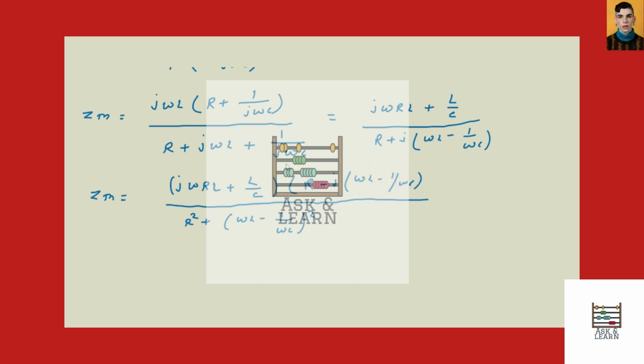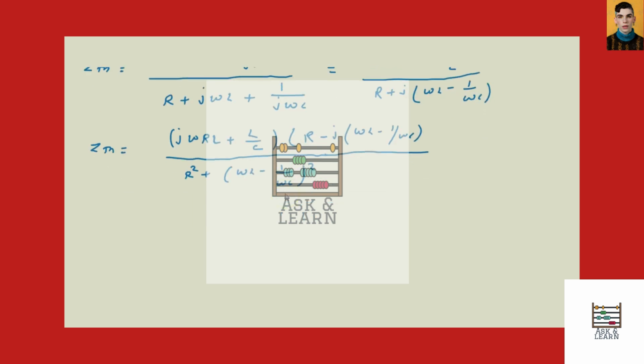Okay, so in this problem the net impedance is resistive. Let's assume ZTH equals A plus jB, where A is the resistive component and B is the inductive or reactive component.